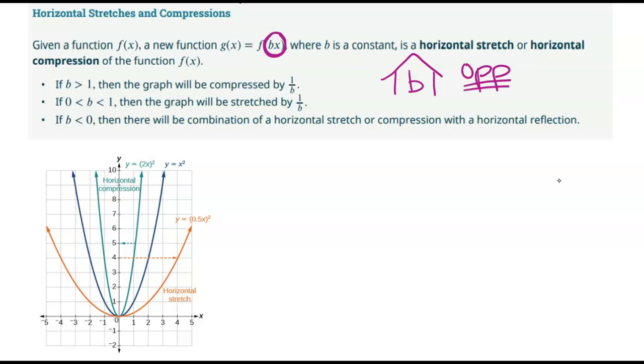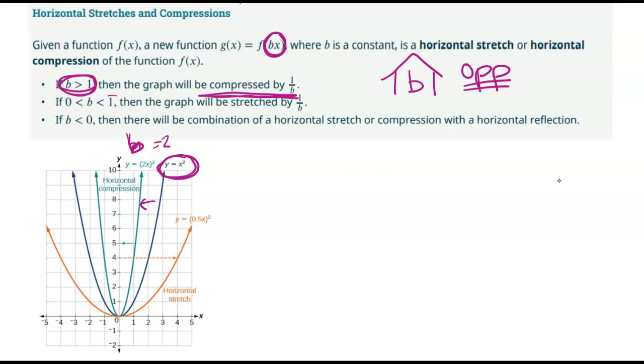In this case, if b is greater than 1, I'm actually going to have a compression by the reciprocal. Look here at our graphical example. Here is y equals x squared. I have b equals 2, and notice it moved it in.